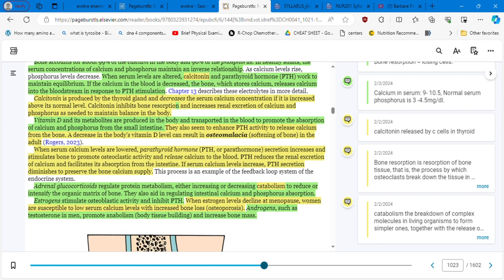Vitamin D is going to enhance PTH activity to release calcium from the bone. A decrease in the body's vitamin D level can result in osteomalacia, which is the softening of the bone in the adult.